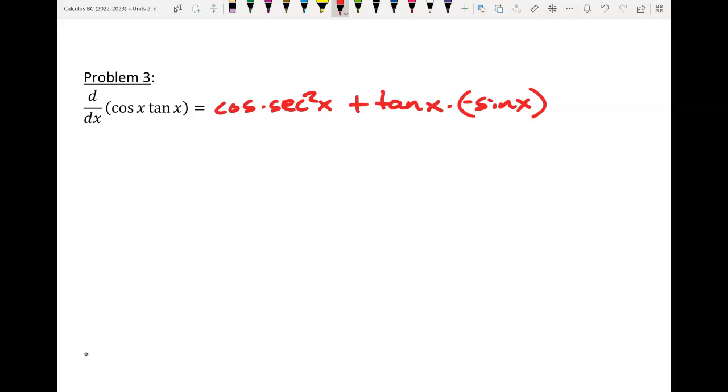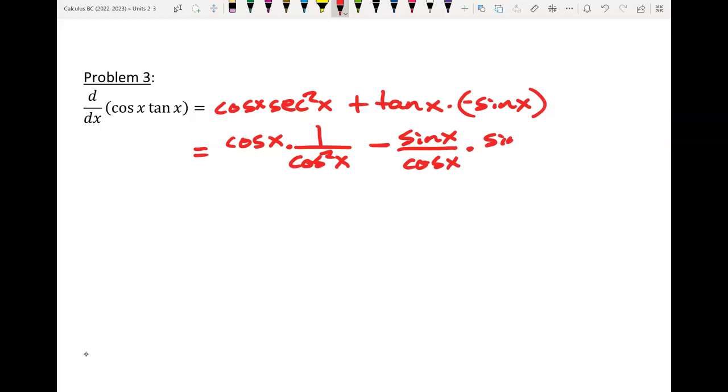So this is where we have to know some of our trig identities. So secant, what is secant? 1 over cosine. Okay, so that's going to be cosine of x times 1 over cosine squared. What is tangent? Sine over cosine. Sine over cosine times sine.